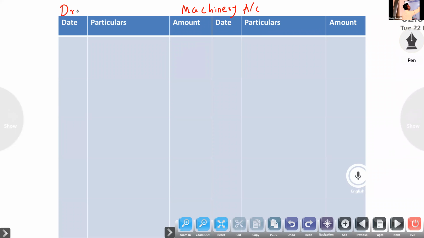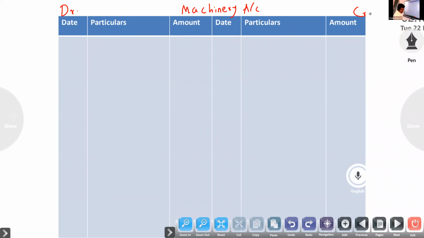So if you have any doubt, you can ask. Okay. Fifth one. A company purchased on 1st April 2012, 1/4/12, to cash, 40,000.